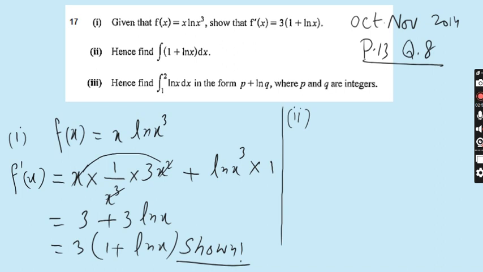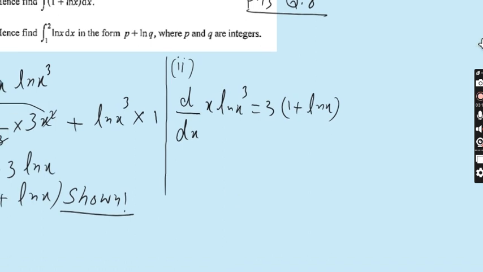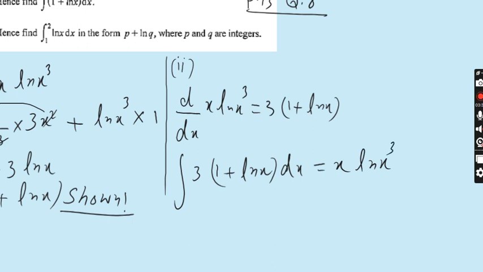So if the derivative of x ln x cube is 3 into 1 plus ln x, then the integration of 3 into 1 plus ln x dx is equal to x ln x cube.